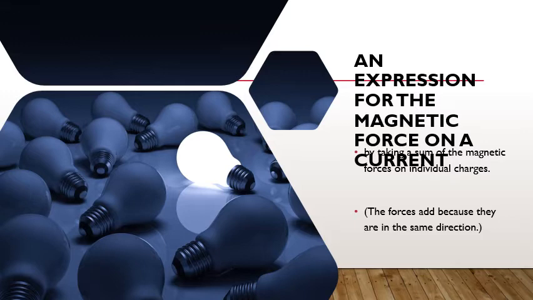Here we must realize that the effect of magnetic field on an individual charge can be taken as a sum. Here we can take the sum of magnetic force on individual charges, as the force is ultimately on the individual charge and we are using here a series of charge.